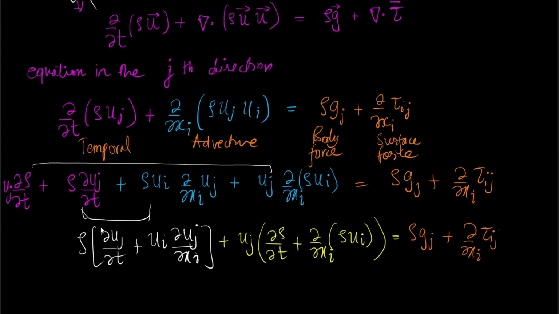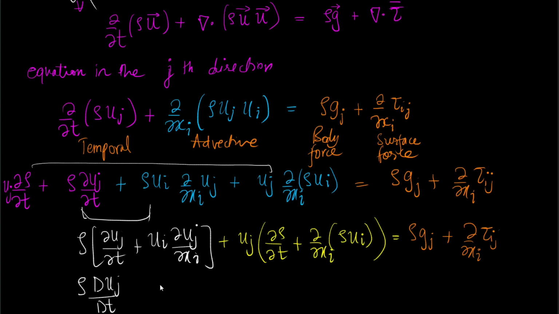Now this particular term is the total derivative of the velocity, so this is rho duj dt. When you expand the total derivative term, you will obtain all these terms.